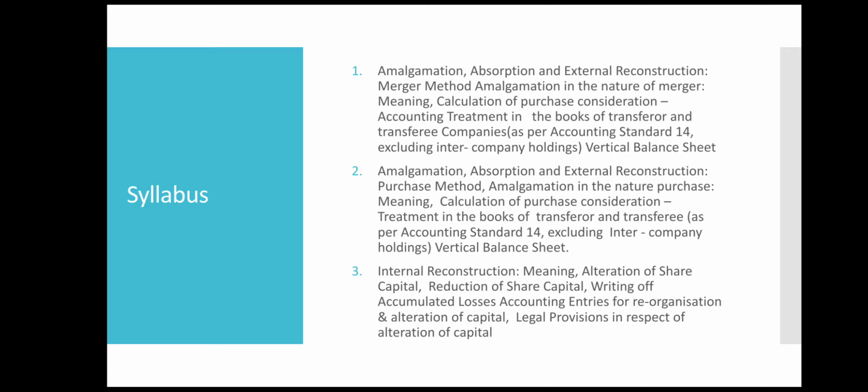So in the second module we are going to study about second method of amalgamation, that is purchase method. So again we will understand the basic concepts, calculate purchase consideration, and we will also learn how to maintain the accounts of transferor and transferee company, and we will prepare the balance sheet in the vertical format.